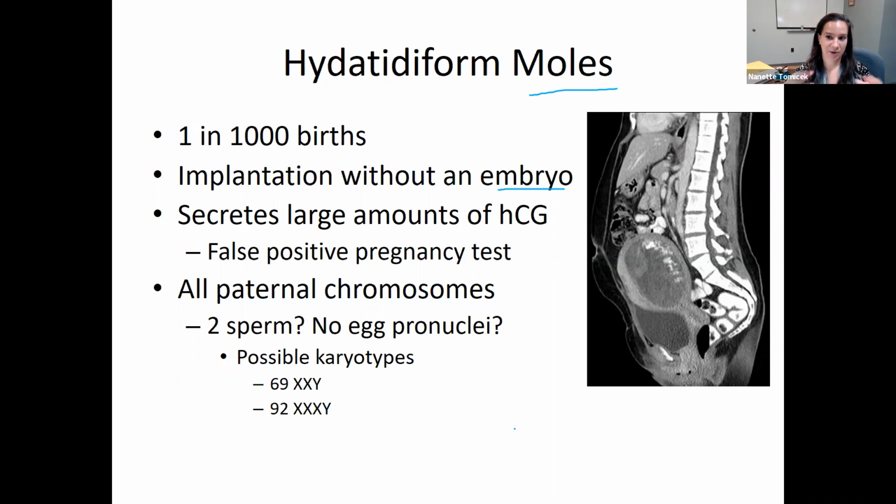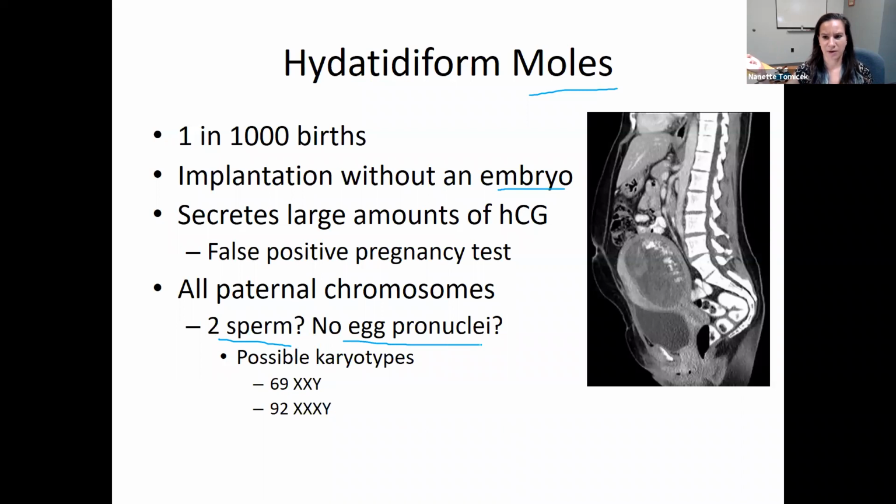So somehow you've got an egg and it finds its way in and it implants, but there was some sort of failure here. Maybe there were 2 sperm that reached the egg, polyspermia was not prevented, or maybe the egg pronucleus died. So this person ends up with only 23 chromosomes, or maybe they have extra chromosomes, 69 or 92.